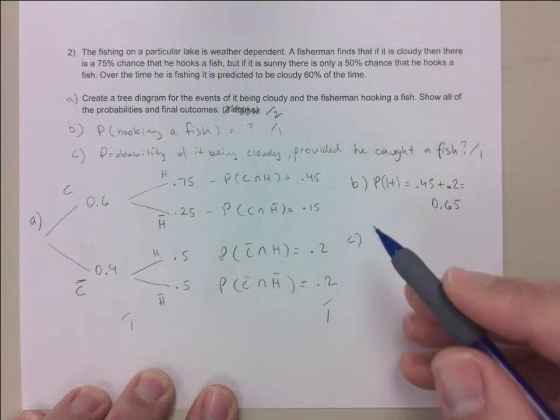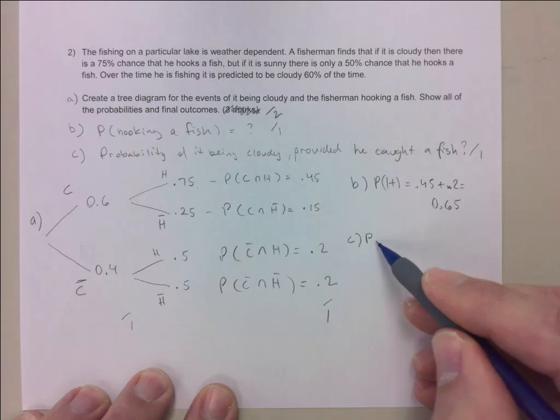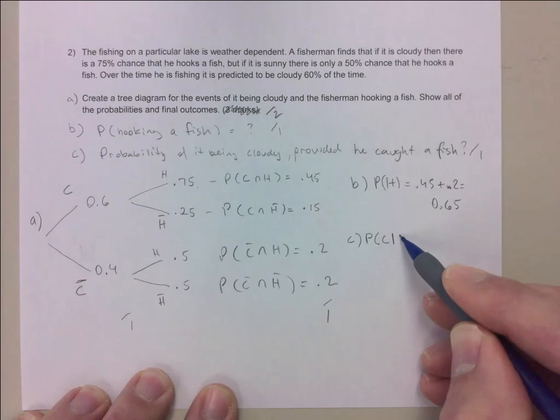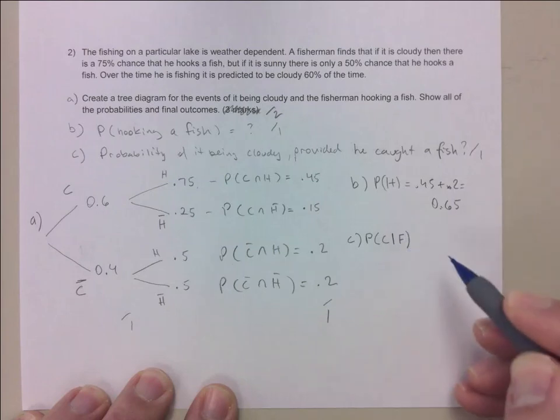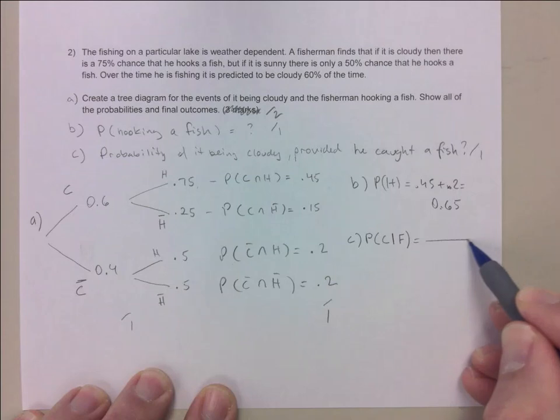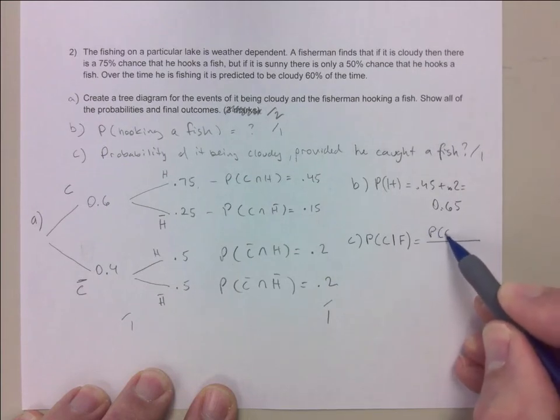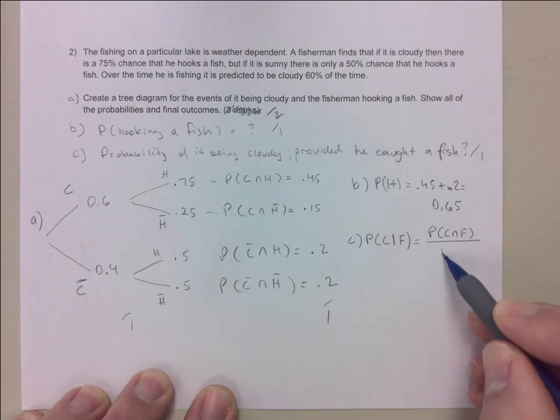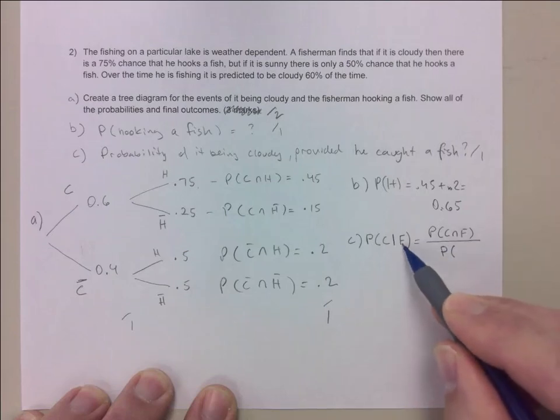C, it's asking for this, probability that it was cloudy given that a fish was caught. And so what do we do at the top? Probability of cloudy and fish, right? That goes on top because it's these 2 letters there. And what will go down here? F, right?